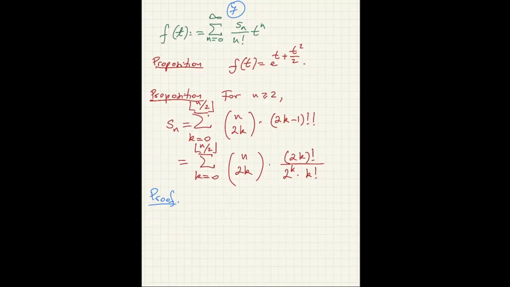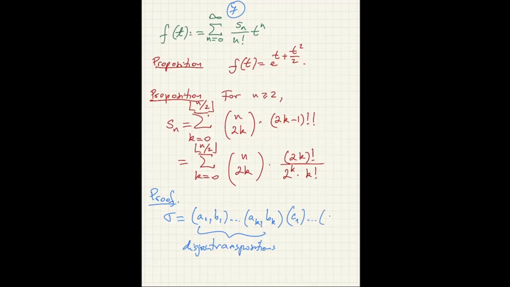So every permutation is going to be something like A1 B1, up to AK BK. These are all the disjoint transpositions. And then we'll have a bunch of fixed points, let me call them C1 through C_{n minus 2k}. So once you know this set here, then you automatically know that everything else is fixed.